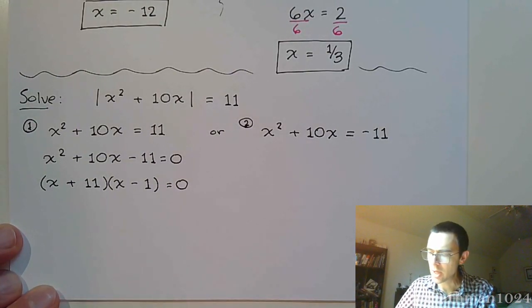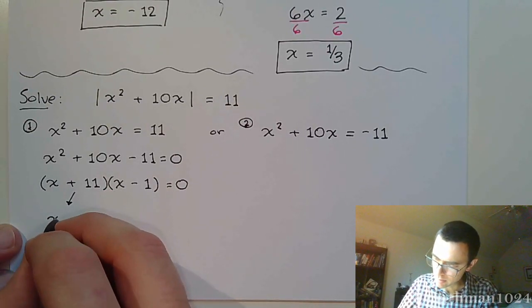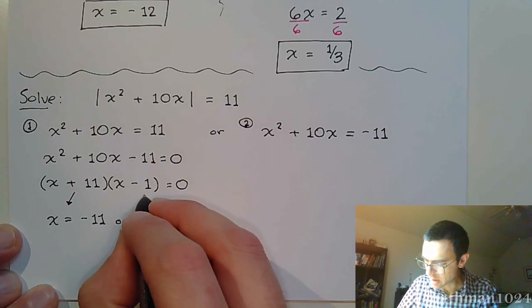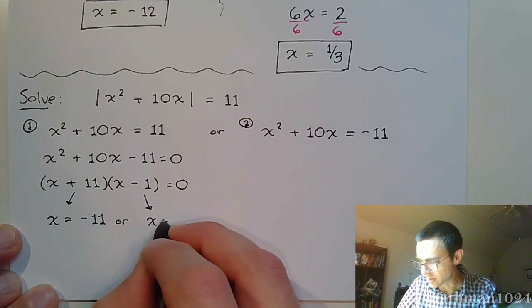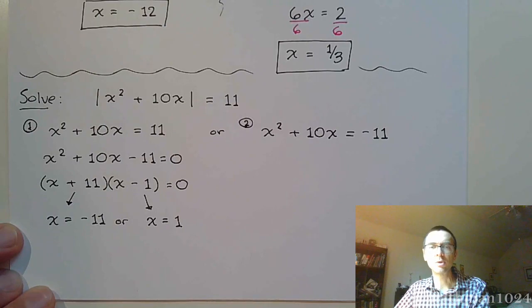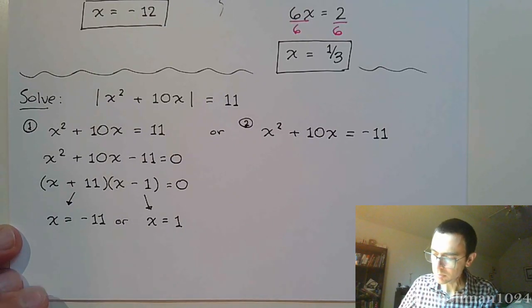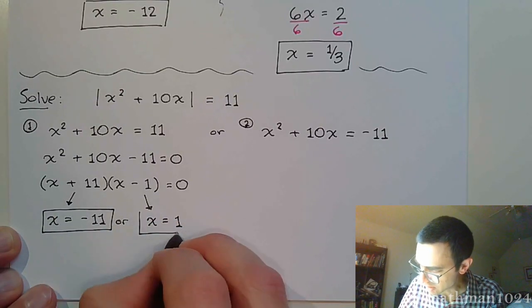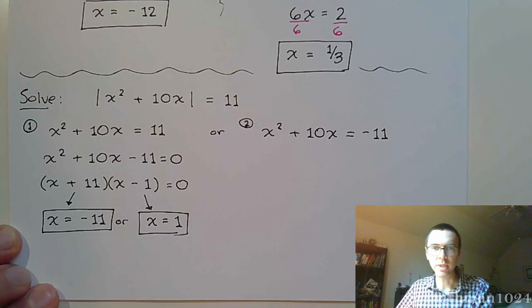Okay? And then from here, x is equal to negative 11, or from that factor, x equals positive 1. All right, so there are 2 solutions out of the possible 4 that we mentioned at the beginning.